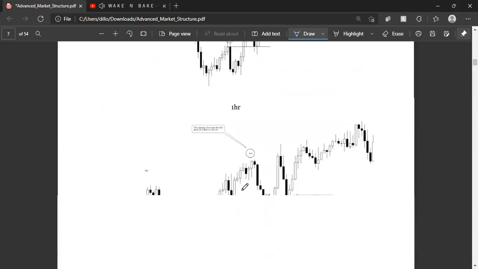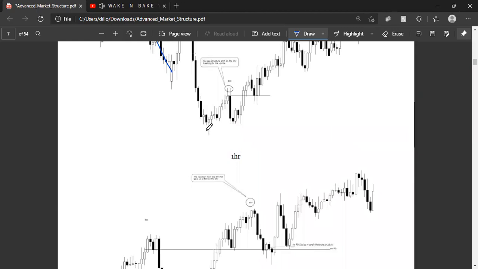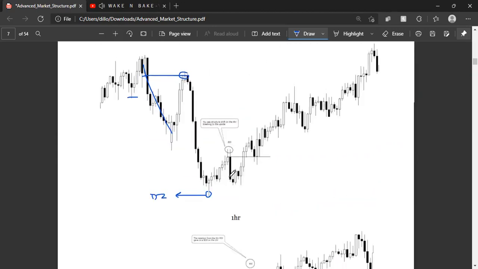But what happens here? There could be a higher time frame demand zone at this area, causing price to fail to give a new lower low. And we see right here, we have a new higher high breaking structure.